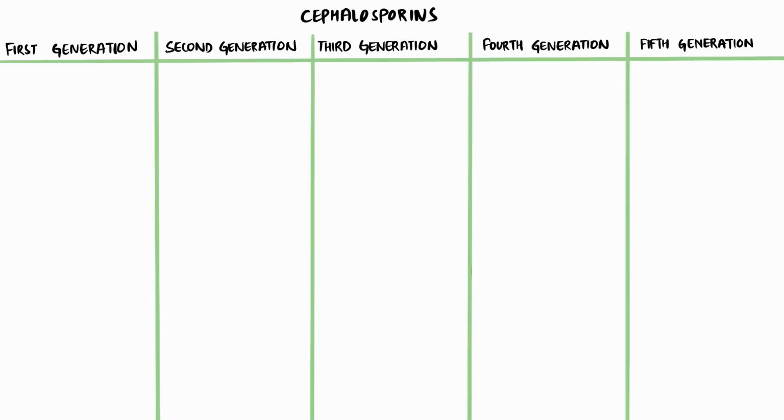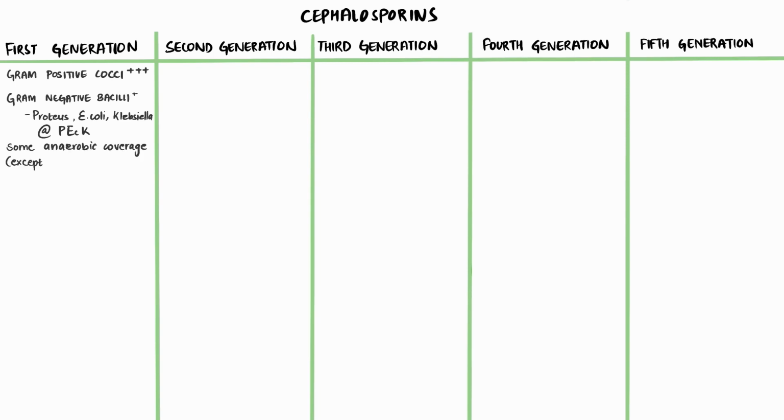Now let's look at the first generation cephalosporins. They're highly active against gram-positive bacteria. They're also active against a few gram-negative bacilli, which include Proteus, E. coli, and Klebsiella, which can be represented by the mnemonic PEC. It also has some anaerobic coverage, except Bacteroides fragilis. The important drugs under this generation include cefalexin.